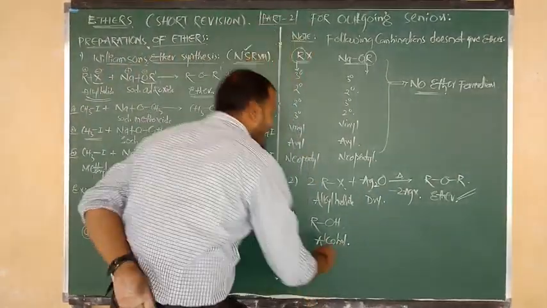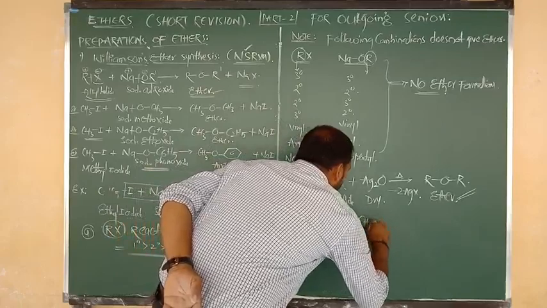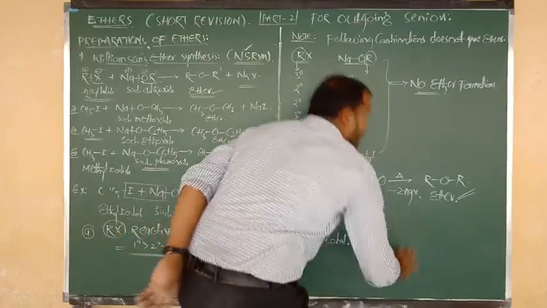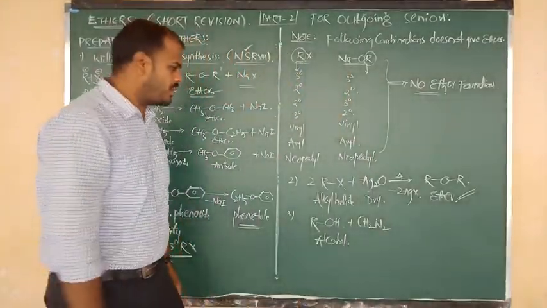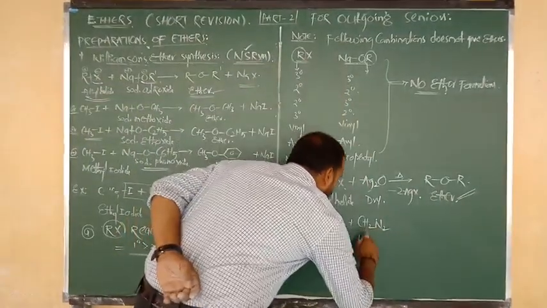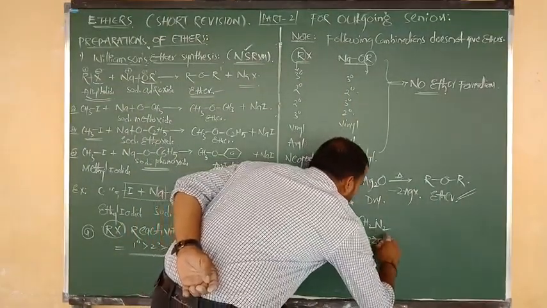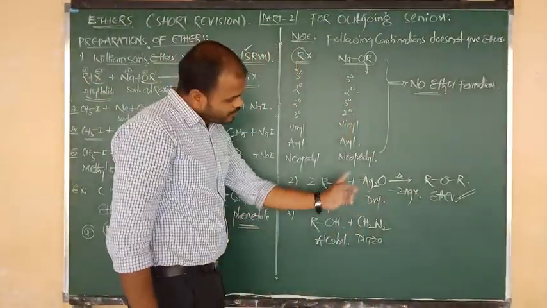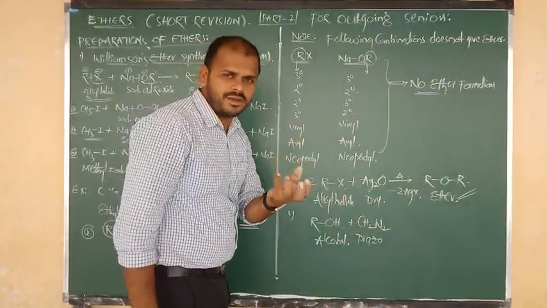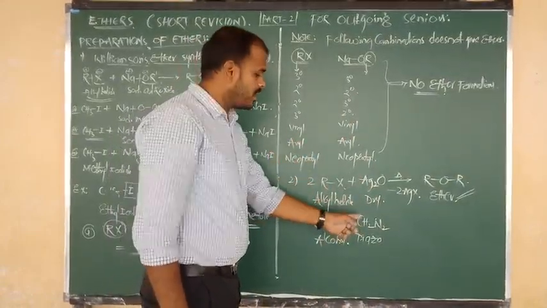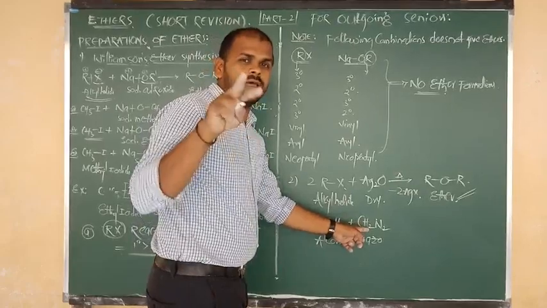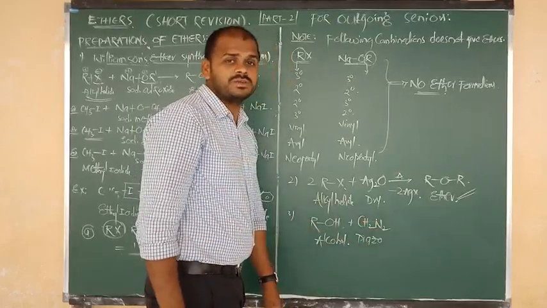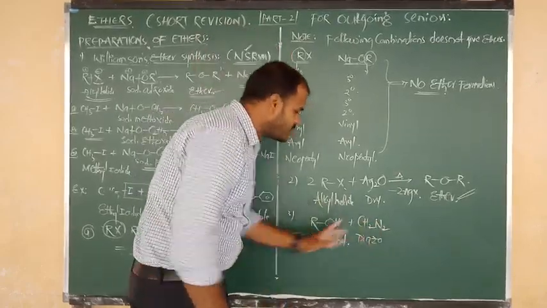The formula of diazomethane is CH2N2. The N2 group is the diazo group. The entire molecule looks like methane. Methane formula CH4 means 2 hydrogens are there, and the other 2 hydrogens are replaced by nitrogens. So it looks like diazomethane.